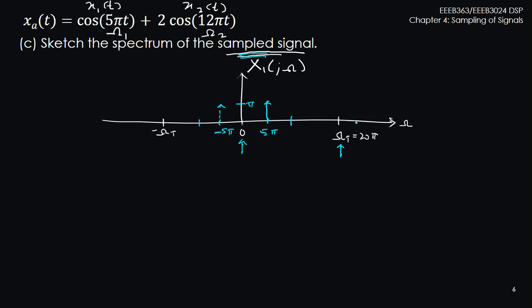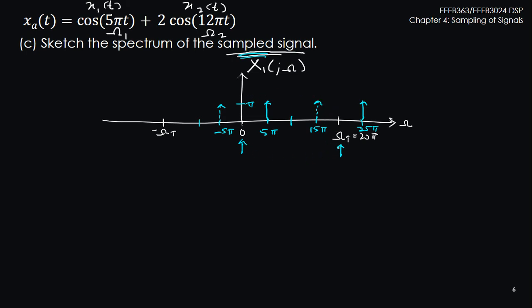These two pulses will appear again at 20 plus 5, so over here is 25 pi. You'll see that solid pulse. And at 20 minus 5, which is 15 pi, you will see the pair, the dotted line pulse. Magnitude is still the same.